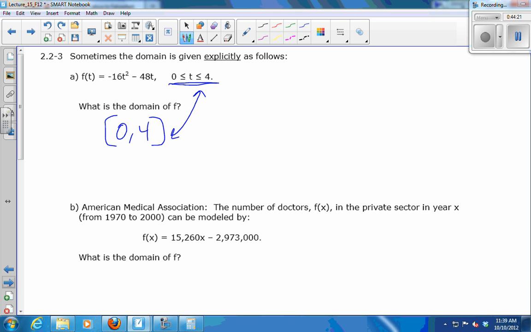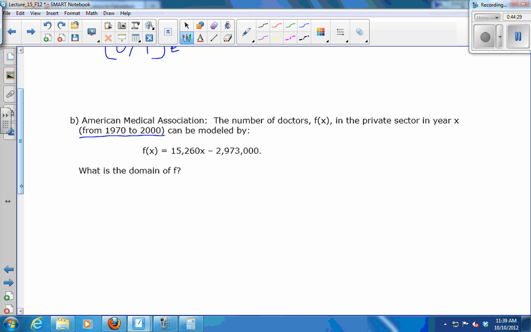And they put in parentheses only for these years, right? This equation is good just for these years, so that's my domain, 1970 to 2000. They gave it to me right in the question. The set of inputs that this equation works for is just 1970 to 2000.